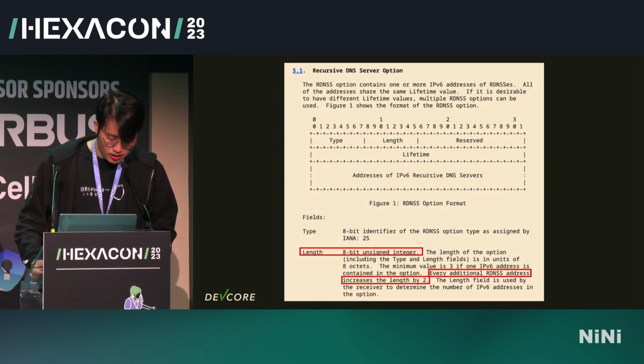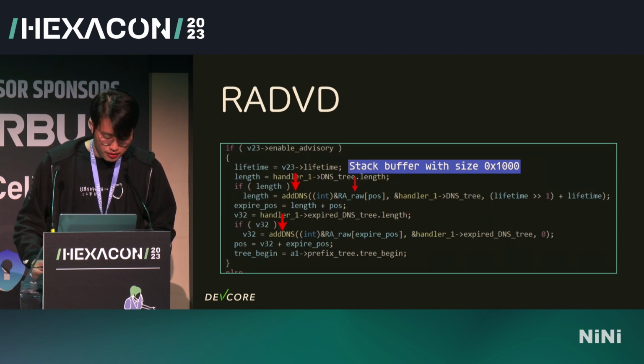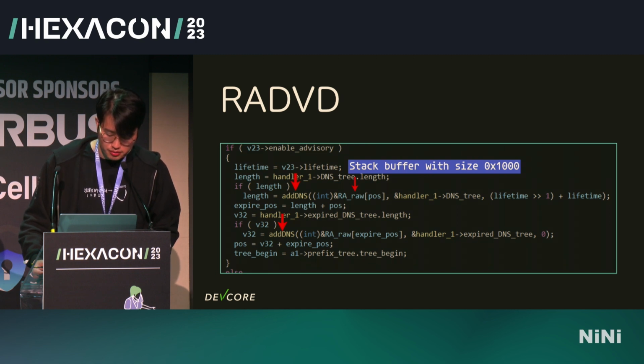The max length of RDNSS of an RA is 8 bit, which is insufficient to override the return address. But if this is not the first time the router OS receives an RA, the RADVD has to expire all the RDNSS. Then it makes the RADVD flatten another tree to overflow more bytes for us.